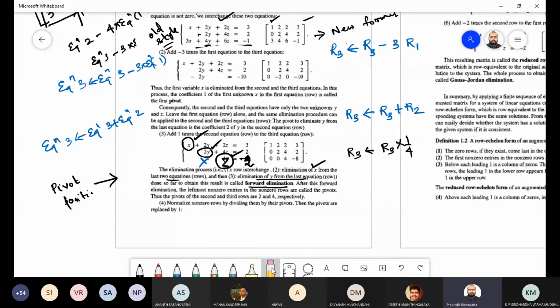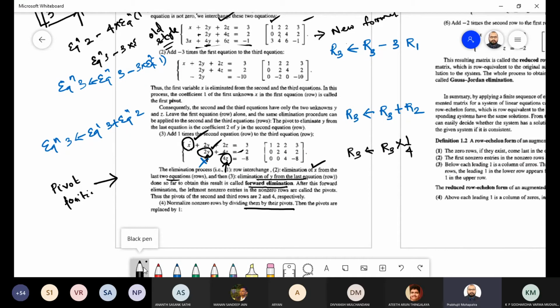Let me erase, because what I discussed is the same thing we are going to cover. You try to make this position only x, this position only y, and this position only z. So you have to divide with their pivots.